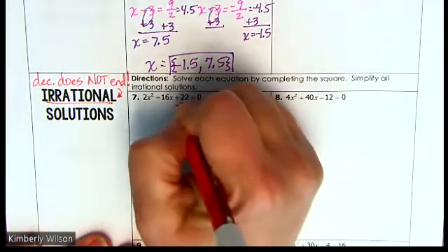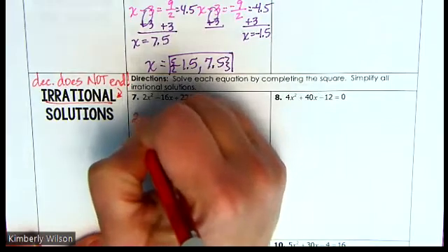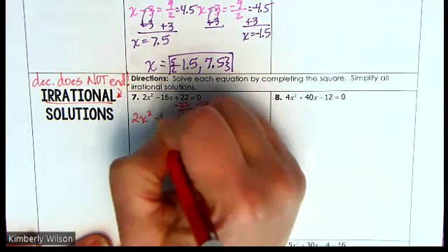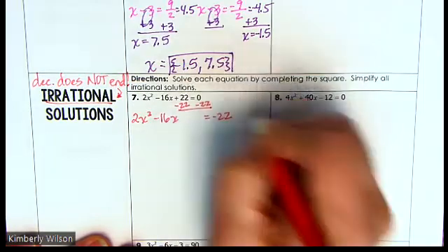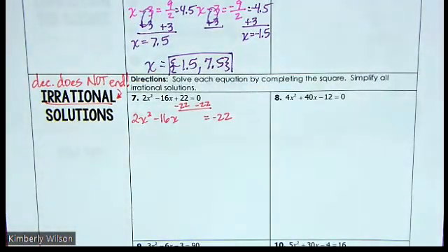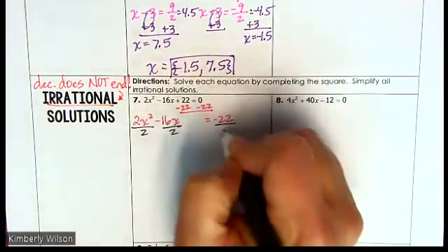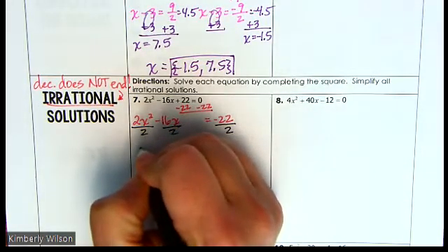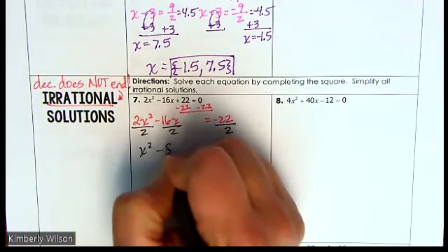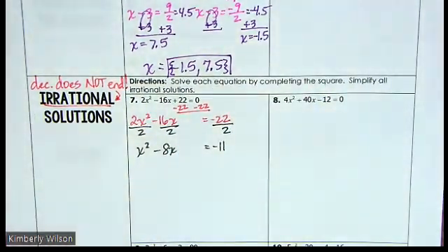I'm going to subtract 22 from both sides. Now I have 2x squared minus 16x equals negative 22. Got to get the a to 1, so I divide everything by 2. So now we end up with x squared minus 8x equals negative 11.